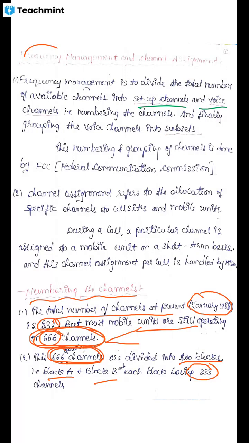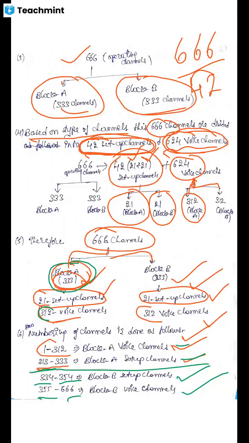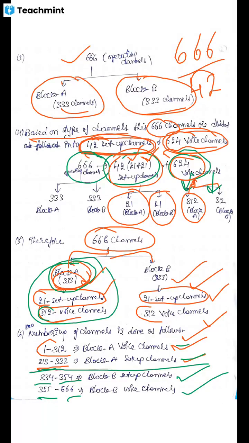First, the total available channels I had taken as 666, and I divided them into block A and block B, which have 333 channels each. Based on the type of channels, these 666 channels are divided into 42 setup channels, 21 for block A and 21 for block B, and the remaining 624 voice channels, 312 each for block A and block B. So block A contains 21 setup channels and 312 voice channels, and block B contains 21 setup channels and 312 voice channels.